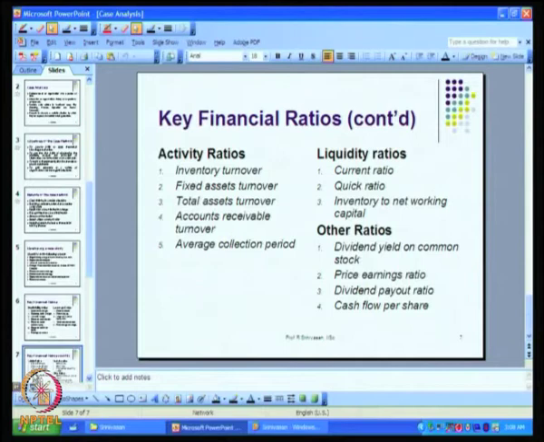We also looked at activity ratios. Here we looked at inventory turnover, fixed assets turnover, then the accounts receivable turnover, then the average collection period.